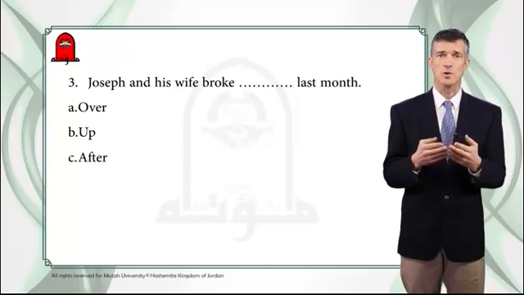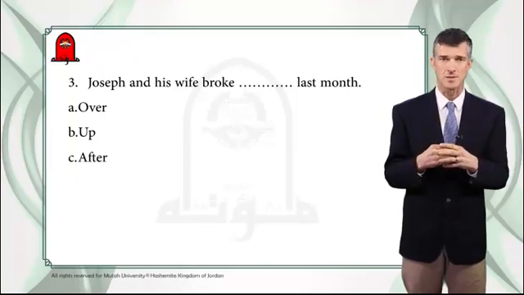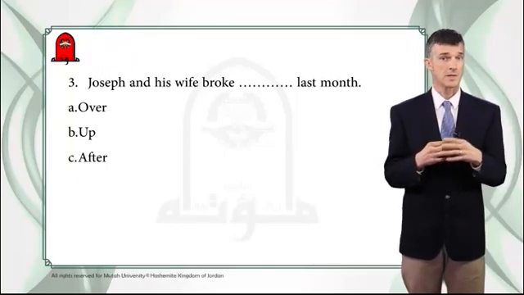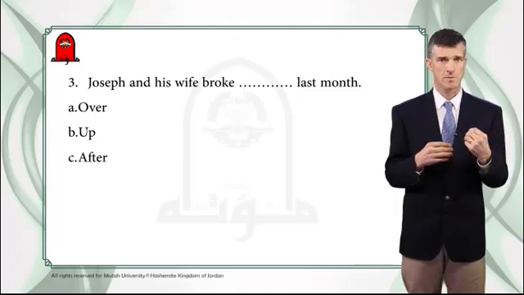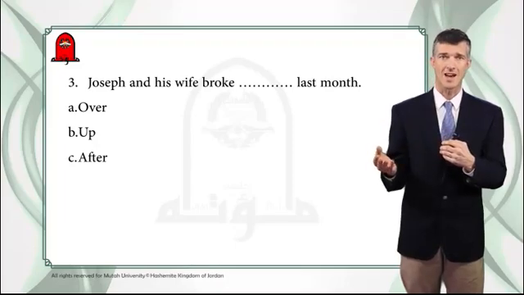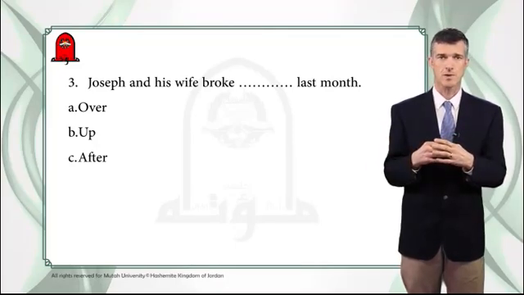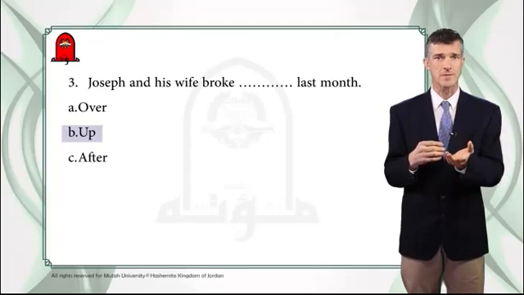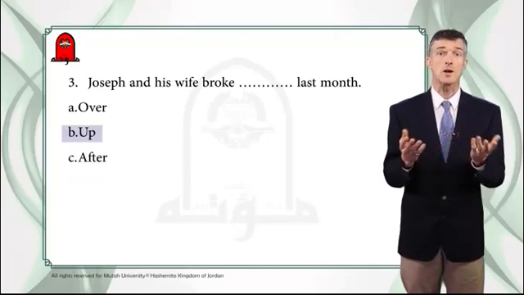Joseph and his wife broke blank last month. Is it A, over, B, up, or C, after? The answer is B, up, broke up last month.